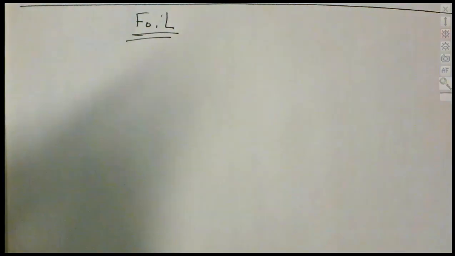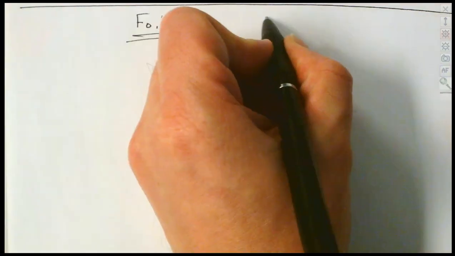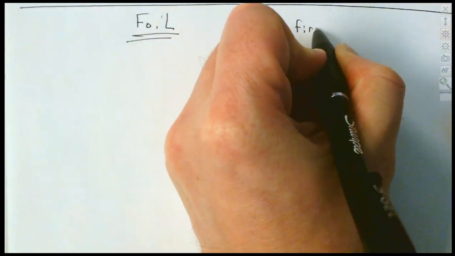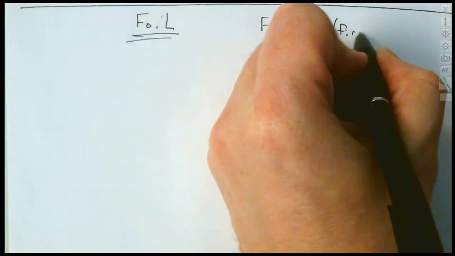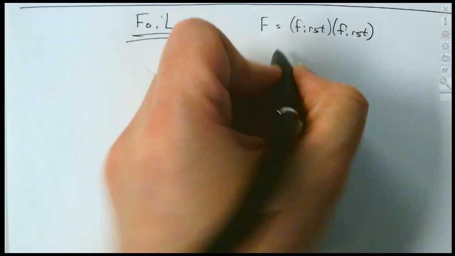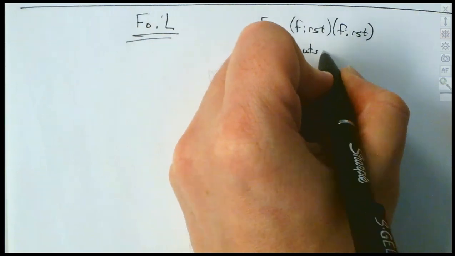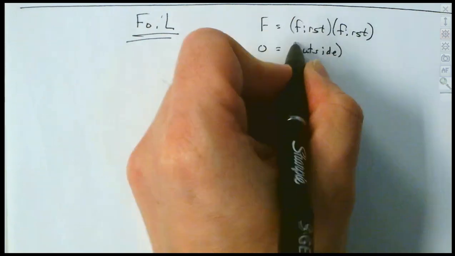Now, when I talk about FOIL, the F stands for the first times the first. Okay, so the first term times the first term. Then we have the O, and that's the outside times the outside.